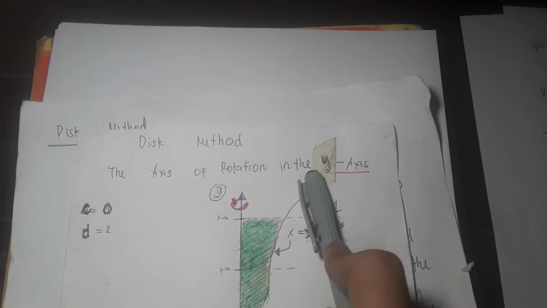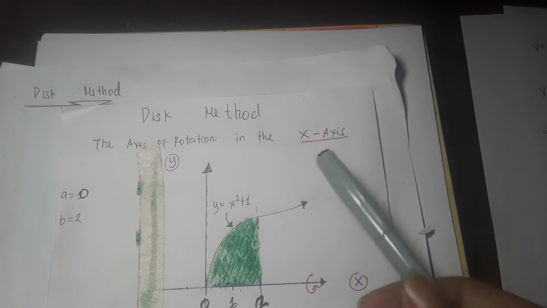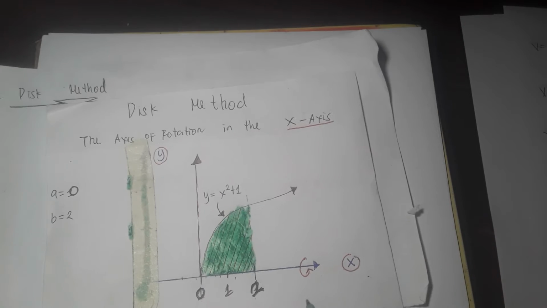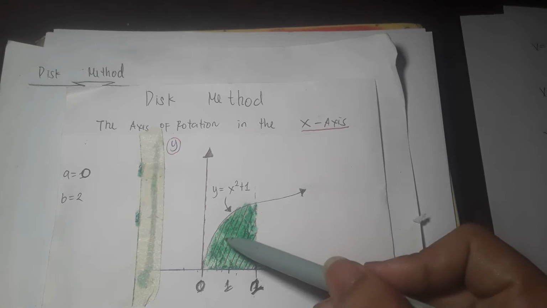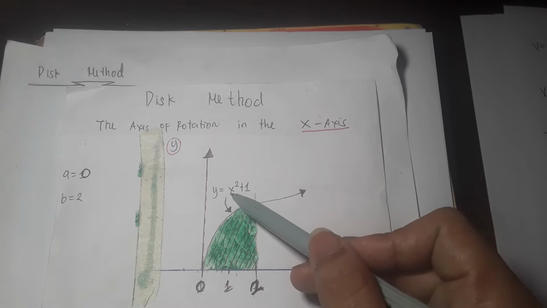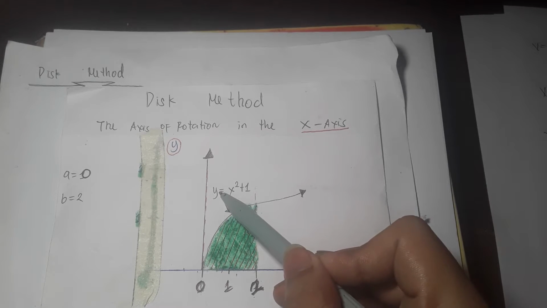So the axis of rotation is here, and then it rotates about 360 degrees. The radius is equal to x squared plus 1, because the y would be our radius.